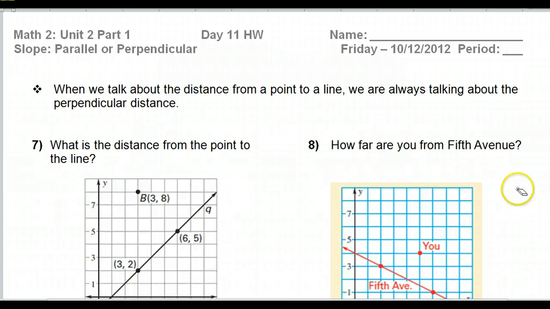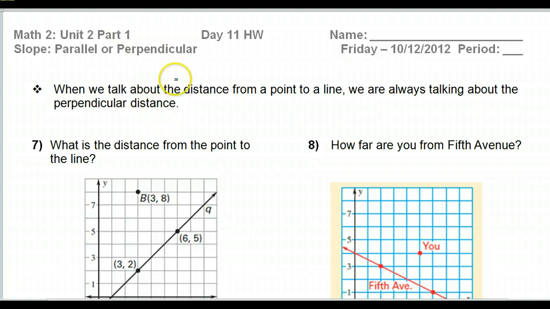But since that didn't happen, then it's a neither. Alright, now we're on the back of the page, and we're going to use what we just learned about perpendicular lines for number 7 and 8. So look, when we talk about the distance from a point to a line, we are always talking about the perpendicular distance. That's very important.